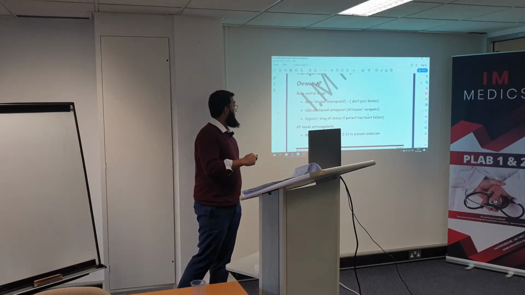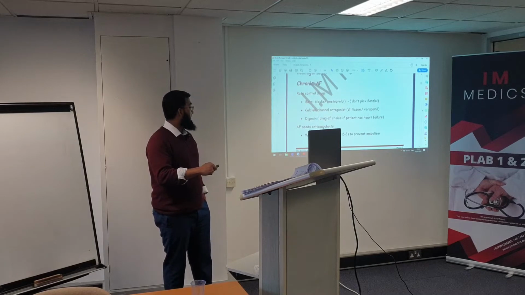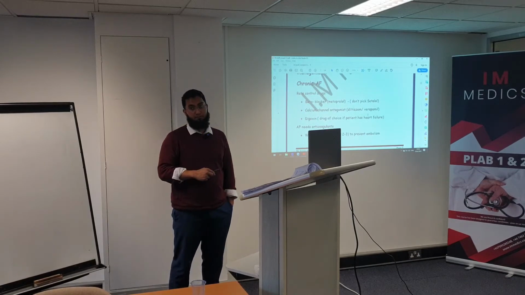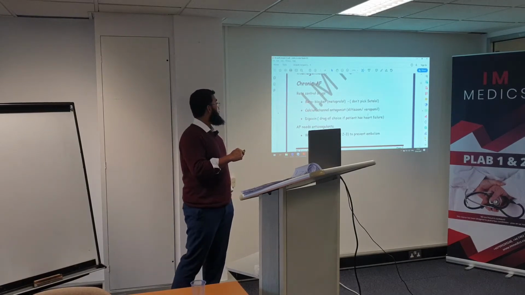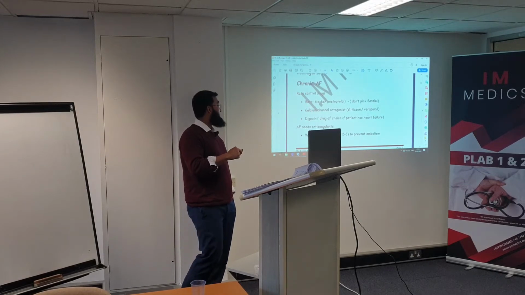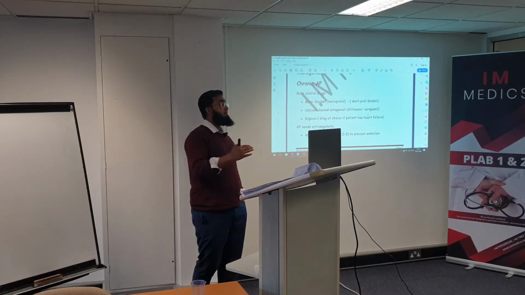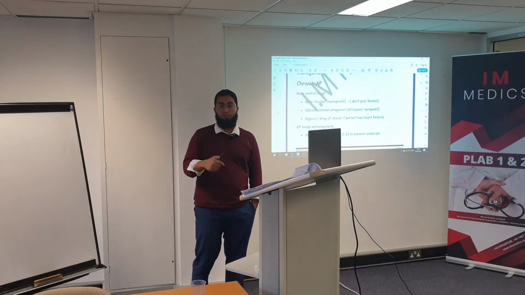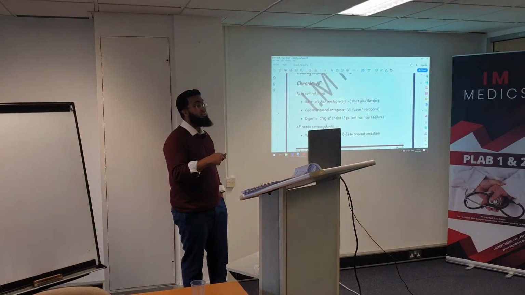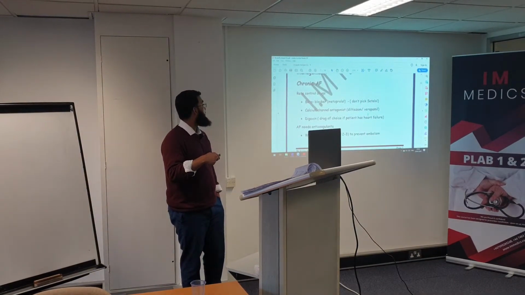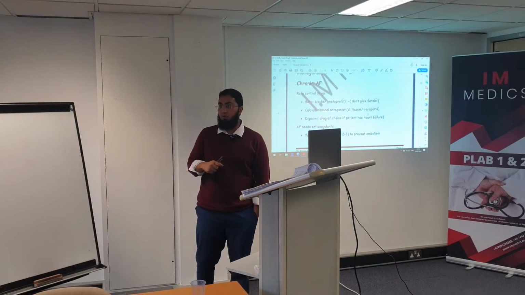Beta blocker can be used, CCB can be used, or digoxin. These two, beta blocker and calcium channel blocker, are your first lines. You choose based on the patient's medical history. If the patient has asthma, you can't give them beta blocker, so therefore you give them calcium channel blocker.